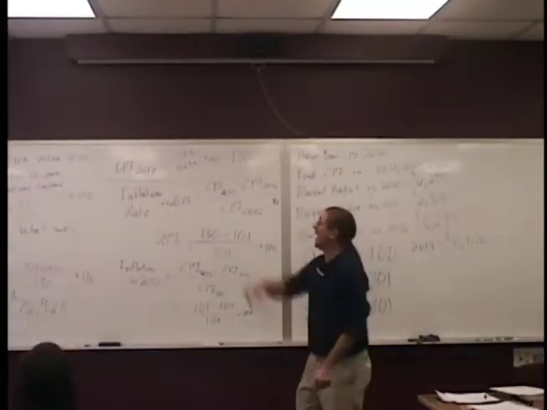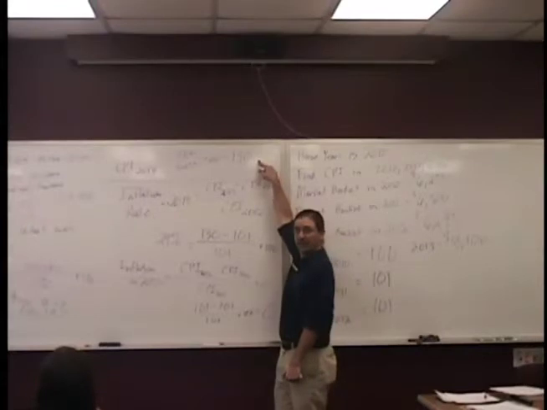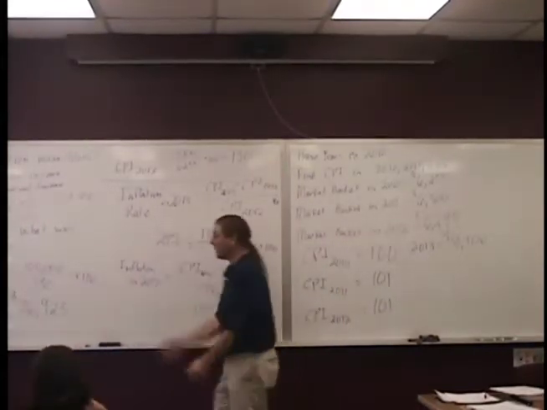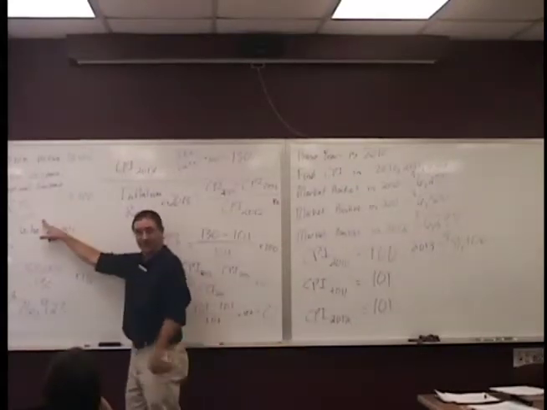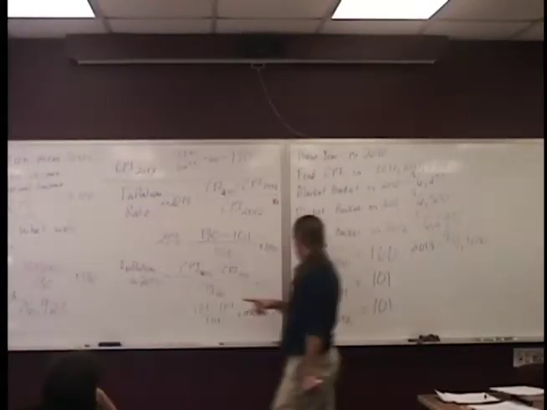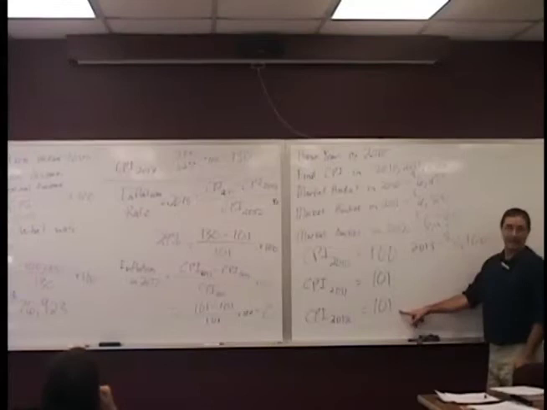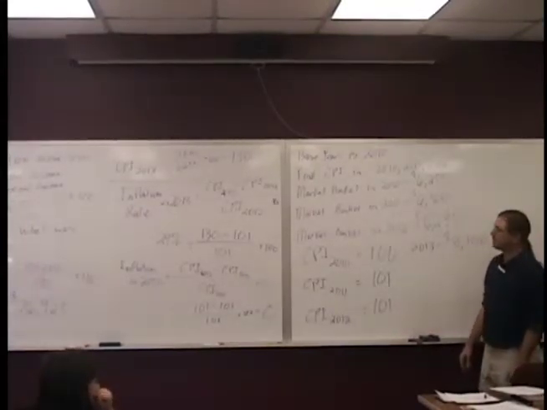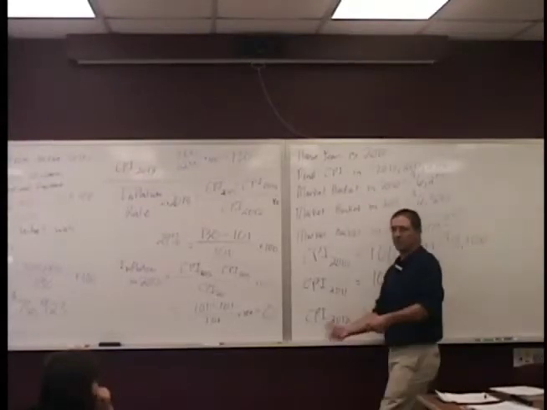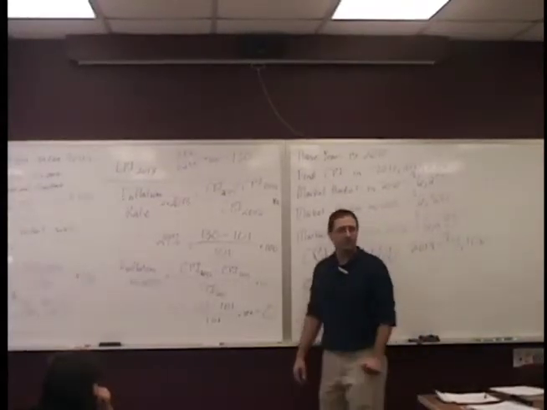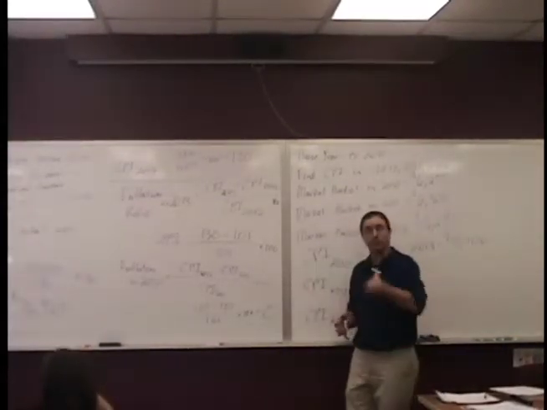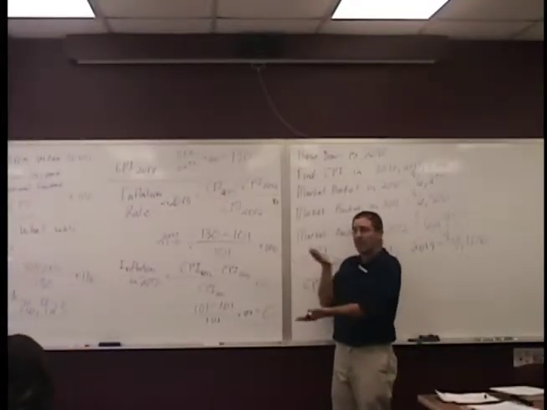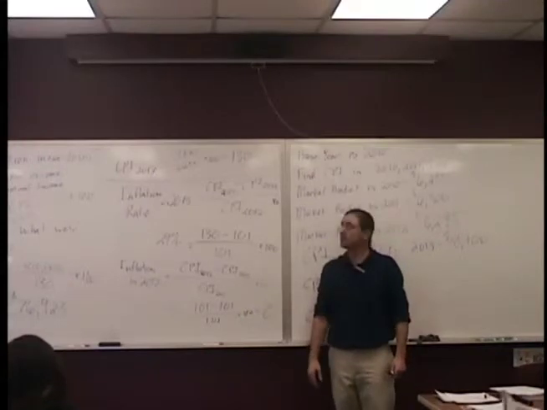So you take the CPI of the year that you were working in, that you're trying to convert into real, and divide by it and multiply by 100. If I said that this was in 2012, I would use this CPI instead, and it wouldn't look as bad. So the key is just making sure you use year to year. The nice part is that you can actually use these to compare whether or not you're making more or less money on a year-over-year basis, okay?